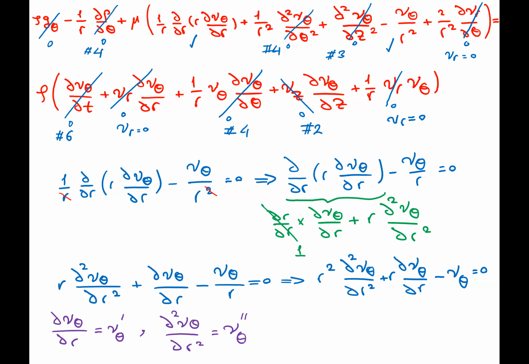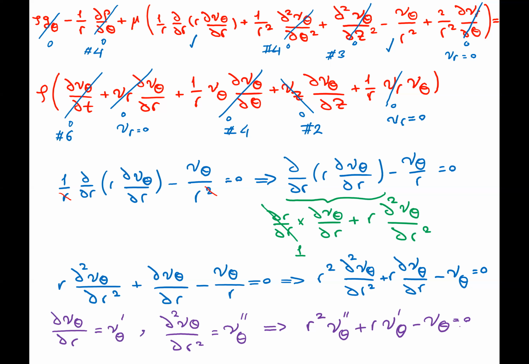Okay. So if I do that, then this equation that we have here is r squared v double prime theta plus r v prime theta minus v theta is equal to 0. So this is the equation that we need to solve.